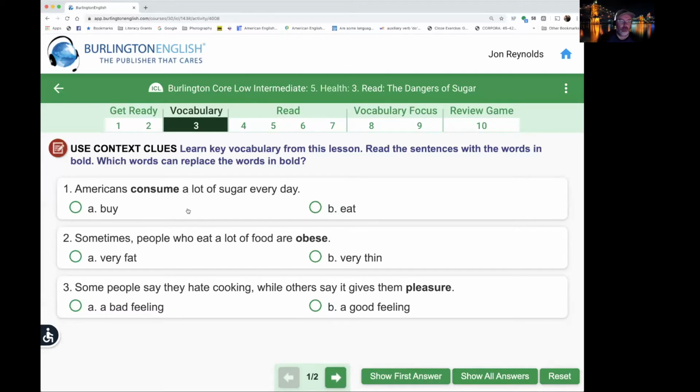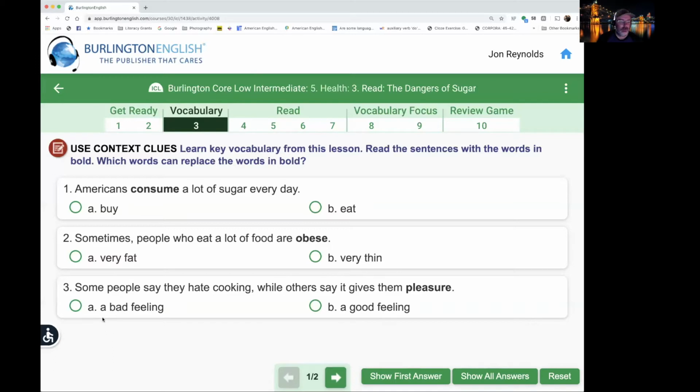Americans consume a lot of sugar every day. Now, do you think that means buy or eat? Number 2, sometimes people who eat a lot of food are obese. Now, does that mean very fat or does that mean very thin? Number 3, some people say they hate cooking, while others say it gives them pleasure.